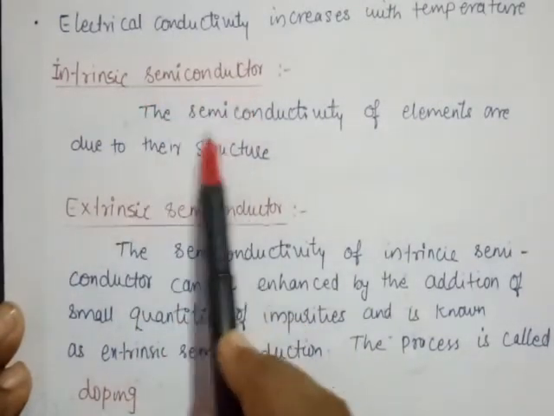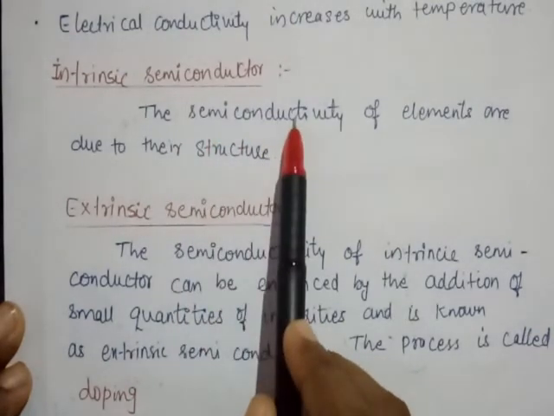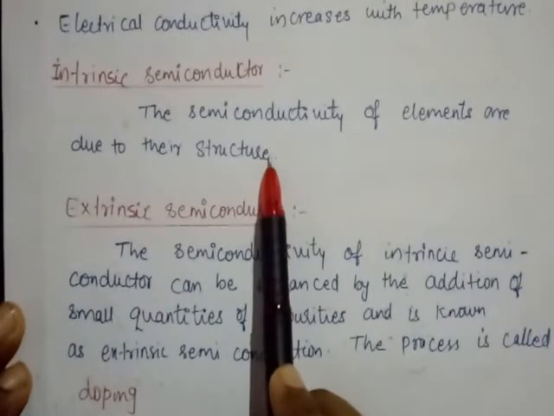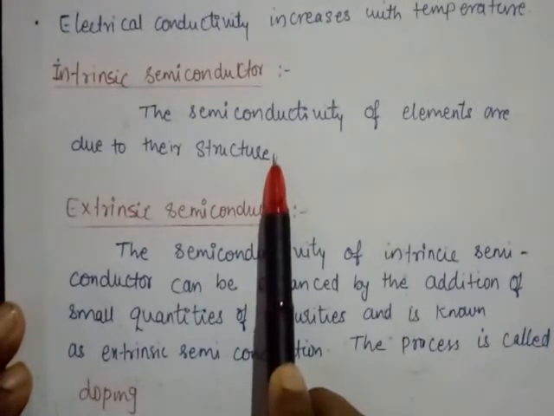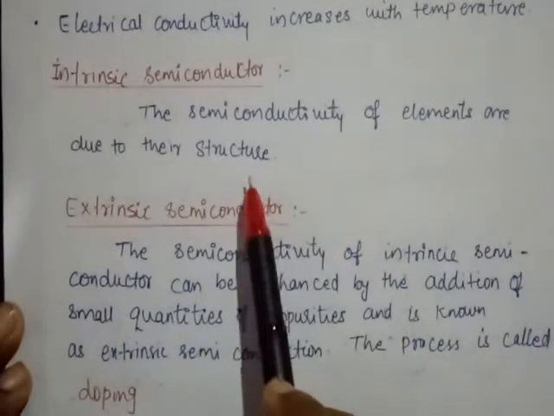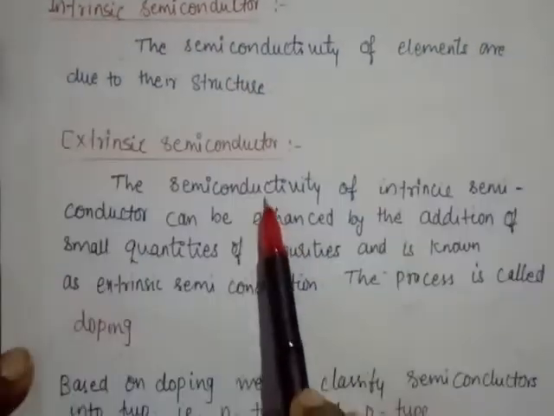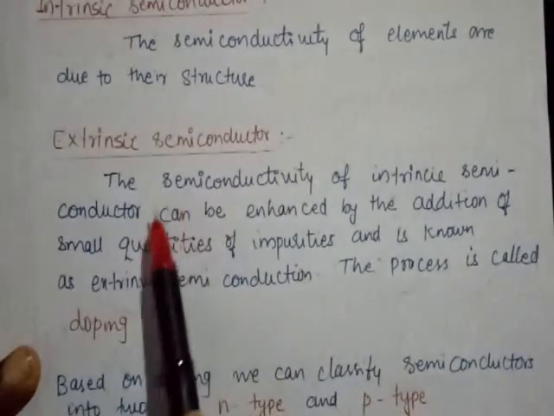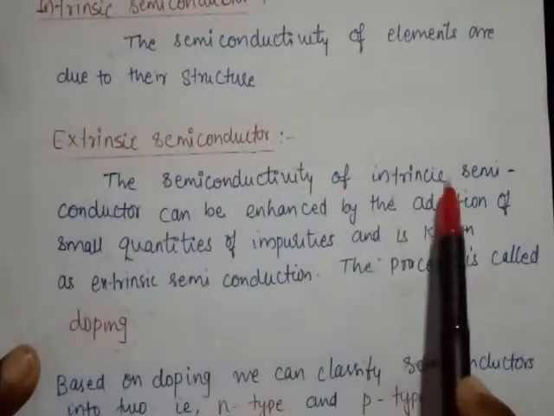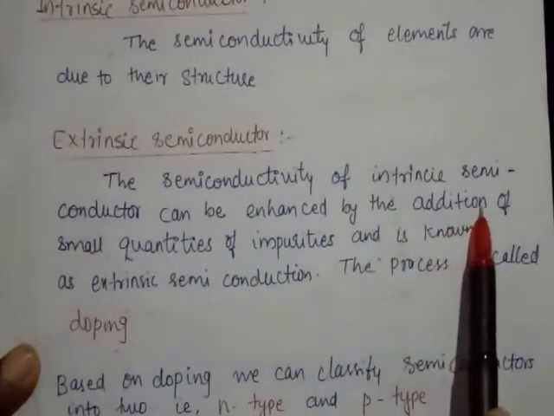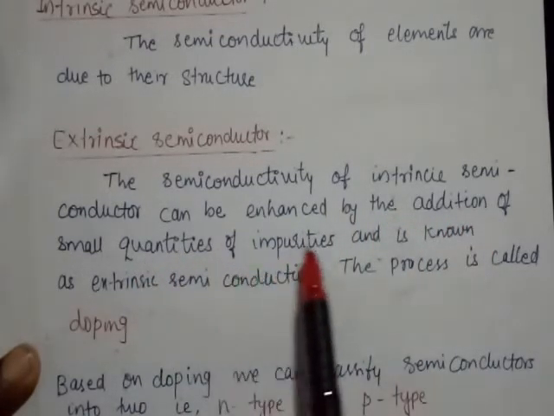Intrinsic semiconductors means the semiconductivity of the element is due to its structure, because the structure itself gives it some conductivity. That kind is called an intrinsic semiconductor. An extrinsic semiconductor means the semiconductivity of an intrinsic semiconductor is enhanced by the addition of small quantities of impurity.